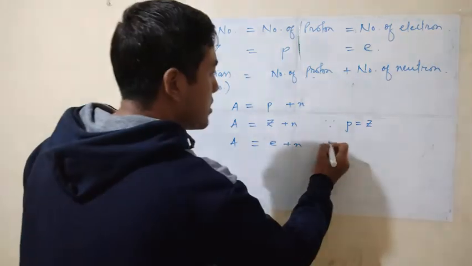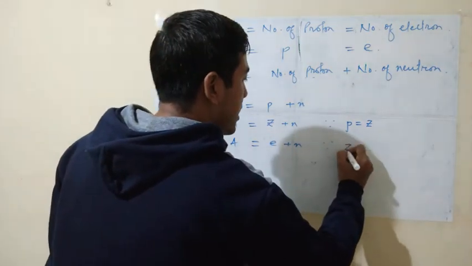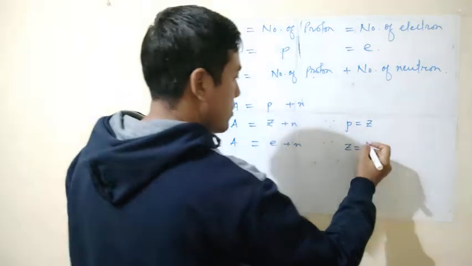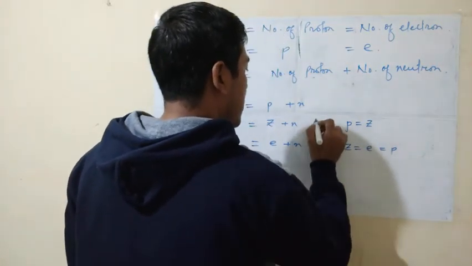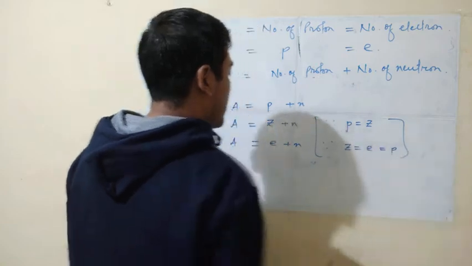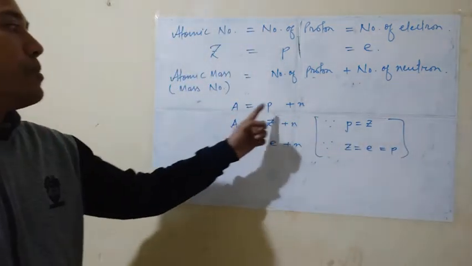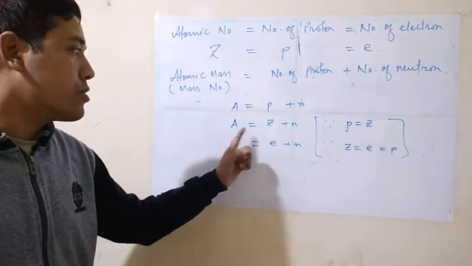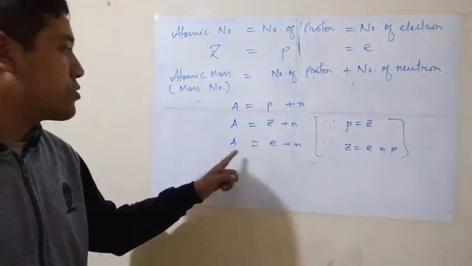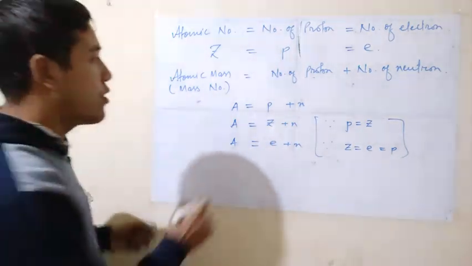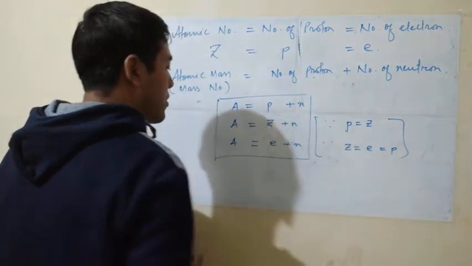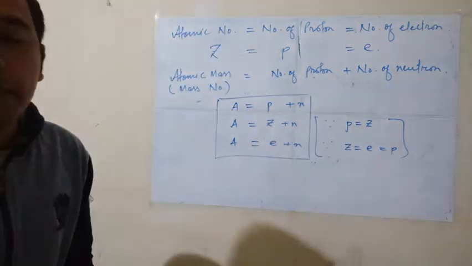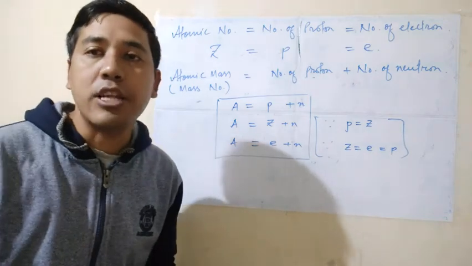Why? Since Z is equal to E is equal to P. Okay, because of this, what will happen? This A is equal to P plus N, or A is equal to Z plus N, or A is equal to E plus N. Don't forget these relations, okay? These relations are used to calculate the mass number, number of neutrons, and atomic number.